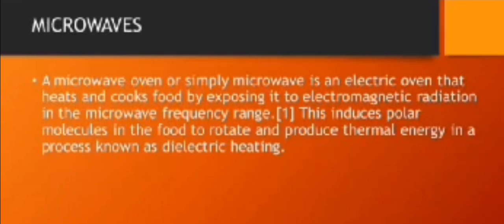Microwaves are electromagnetic waves with wavelengths longer than those of visible light but shorter than those of radio waves. They are often used for cooking food, in radar, and for communication technologies like Wi-Fi and cell phones.